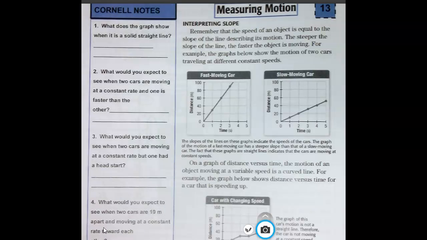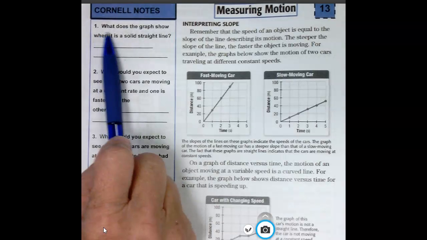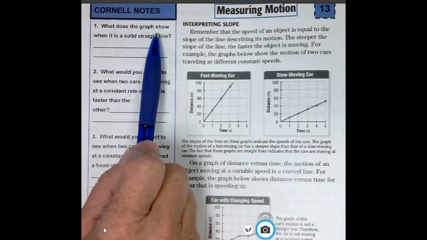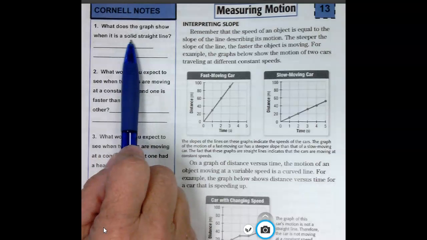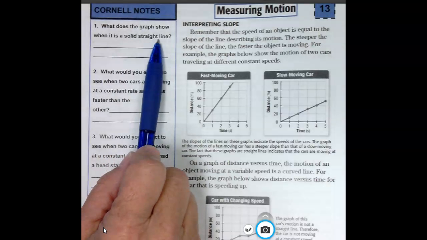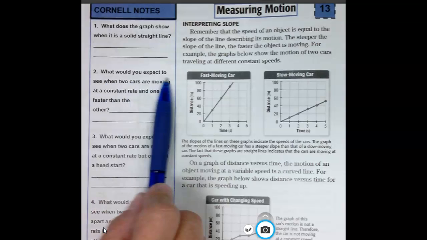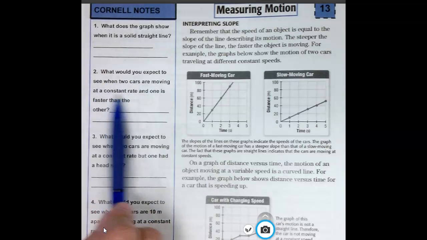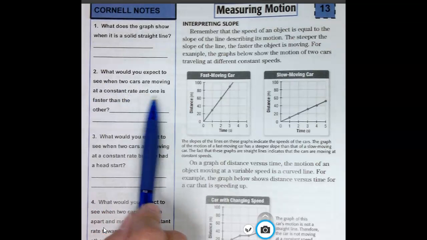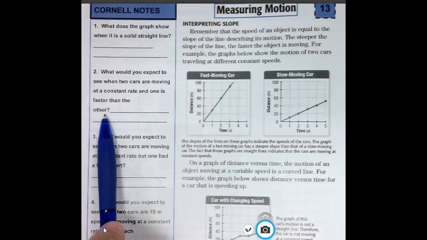So again, let's read through our questions. What does the graph show when it is a solid straight line? What would you expect to see when two cars are moving at a constant rate and one is faster than the other?